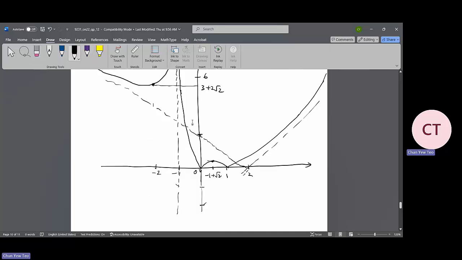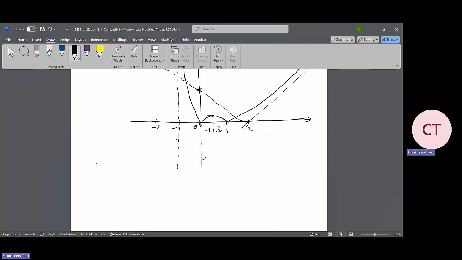Okay, so first of all, I let the modulus of x squared minus x over x plus 1 equal to 6. Then I will get two equations: one equal to positive 6, another equal to negative 6.